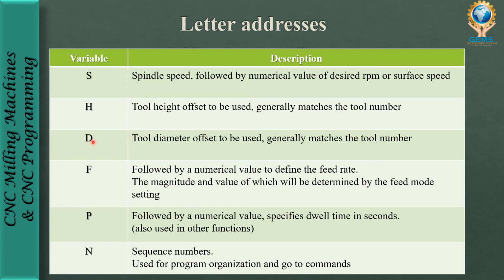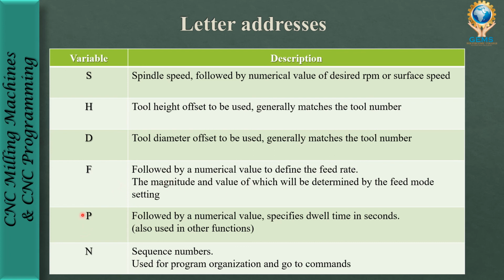If you mention D as the variable, the computer will understand it as a tool diameter offset to be used. And if you mention capital F followed by a numerical value, the computer will understand the feed rate at which the machine is to operate.